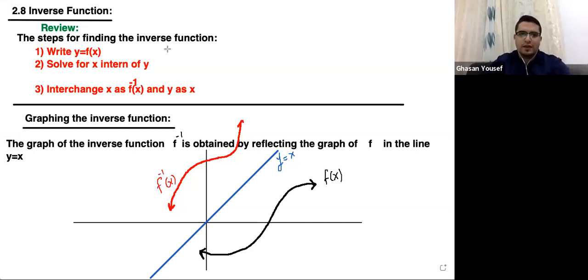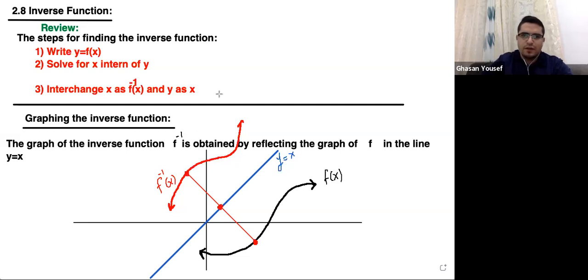We should know one thing here. The distance from this point to the line y equal x is the same as the distance from the line y equal x to this point. I mean, the distance from this point to this point is the same as the distance from this point to this point.